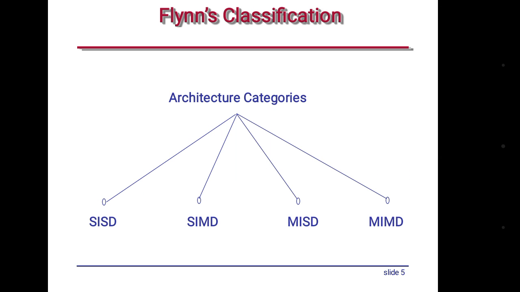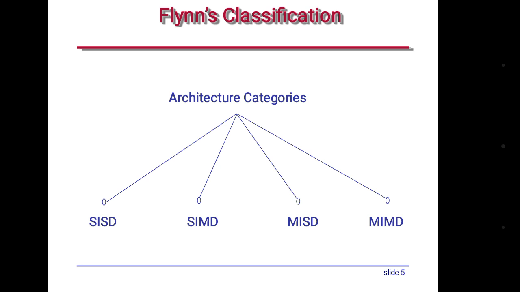Flynn classified the instruction and data streams into 4 categories, on the basis of the number of instructions that would be fetched from the memory by the control unit and then processed in the processor, and how many data streams it is able to process.